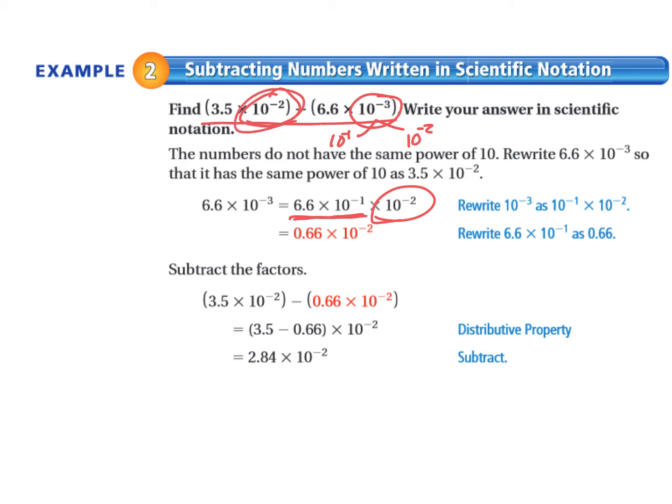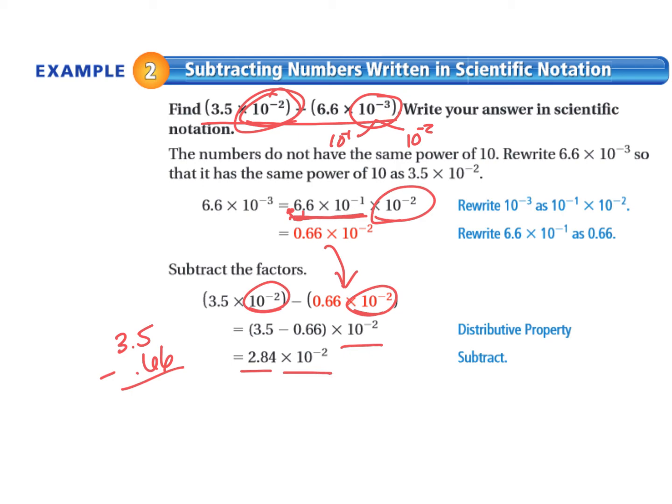So we're going to change this one. We want a smaller number, so we're going to take our decimal and move it back here. I know this is not in scientific notation, but this helps us to where we have the same power of 10, which we're going to bring down, and then we do 3.5 minus 0.66, which gives us 2.84 times 10 to the power of negative 2.